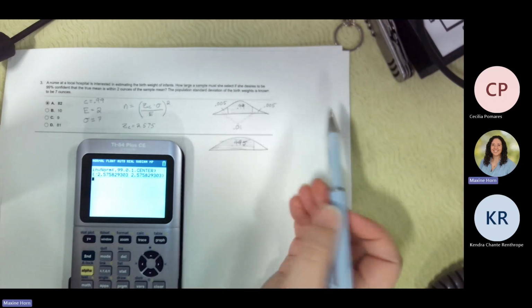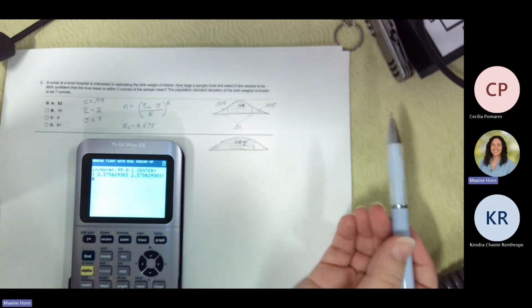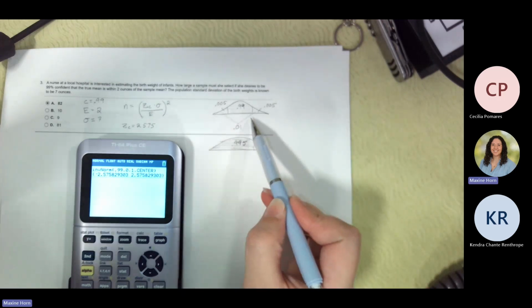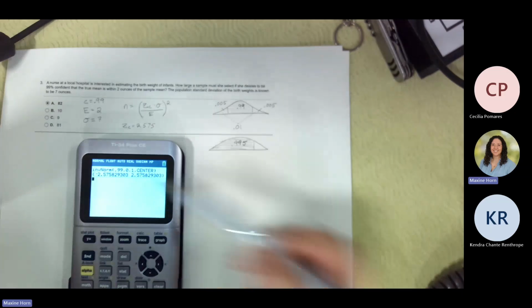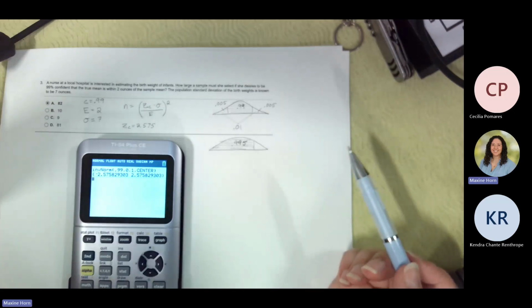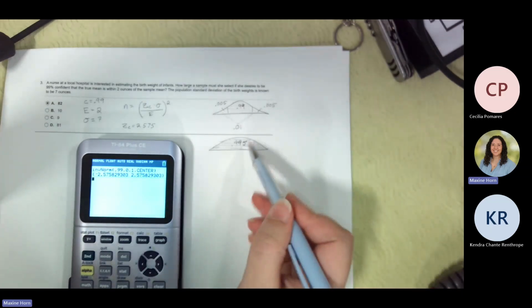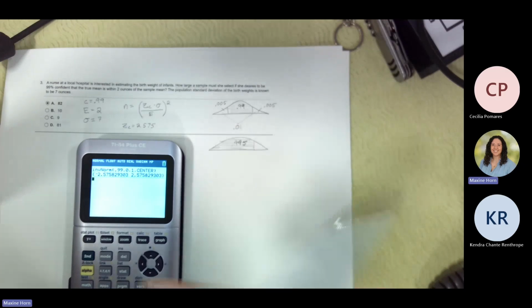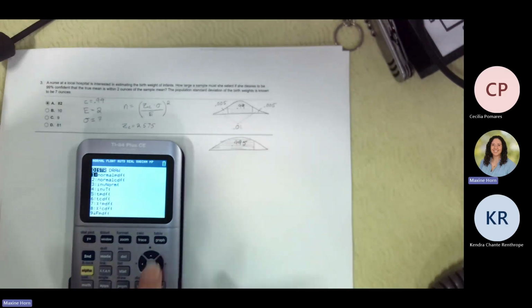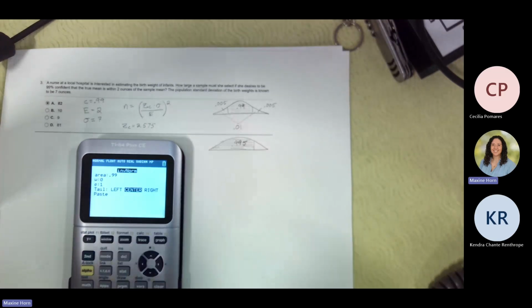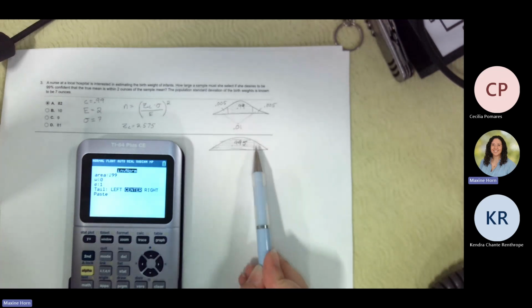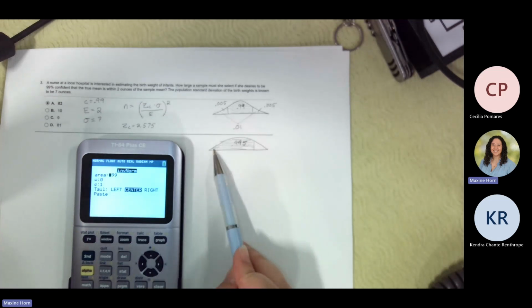If we use the negative, it wouldn't matter because we're squaring it, so we'd still end up with a positive, and it's just easier to plug in positive numbers. So we're still getting 2.575. But let's say you were given this, so we would go second vars, inverse norm, and maybe your calculator doesn't have the ability to do the center, and it only has the ability to do the area to the left.